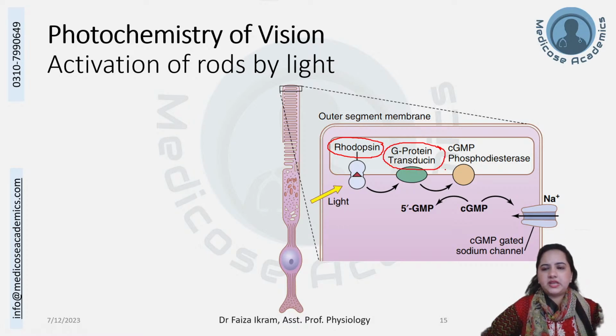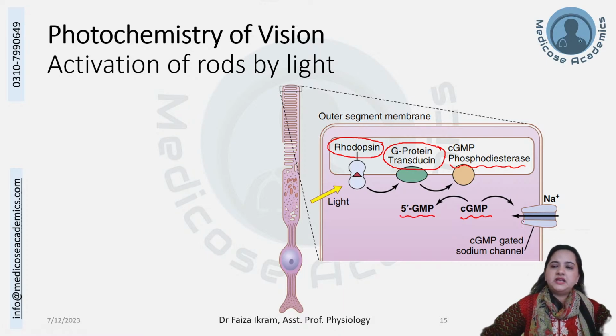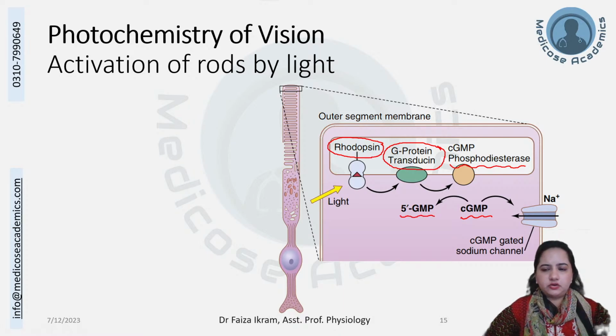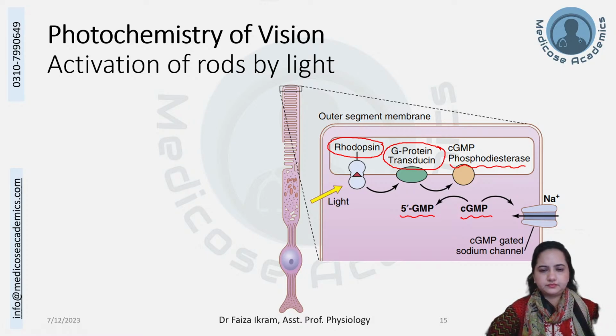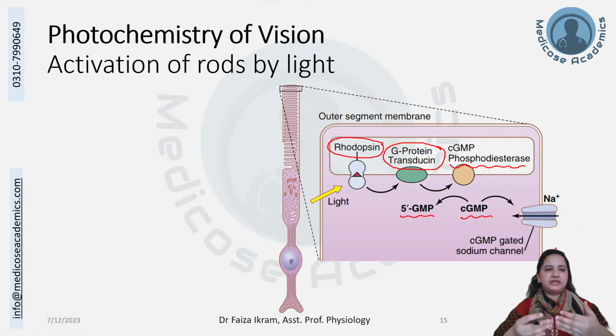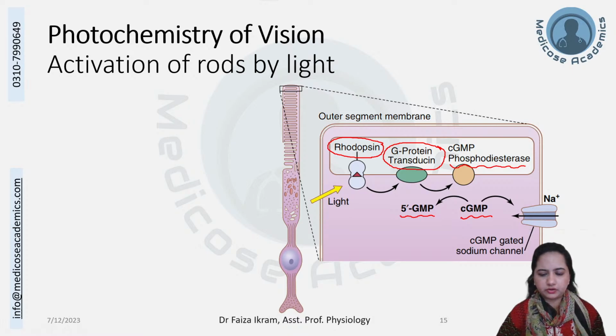This transducin protein stimulates the phosphodiesterase, which decomposes the cyclic GMP to inactive 5-GMP, resulting in the closure of the sodium gated channels. So simply when the light falls, the cGMP level is decreased. That leads to the closure of sodium channels. That leads to the hyperpolarization of rods and cones.